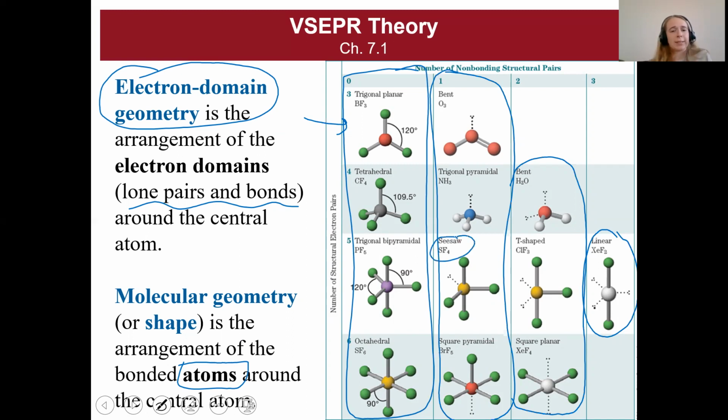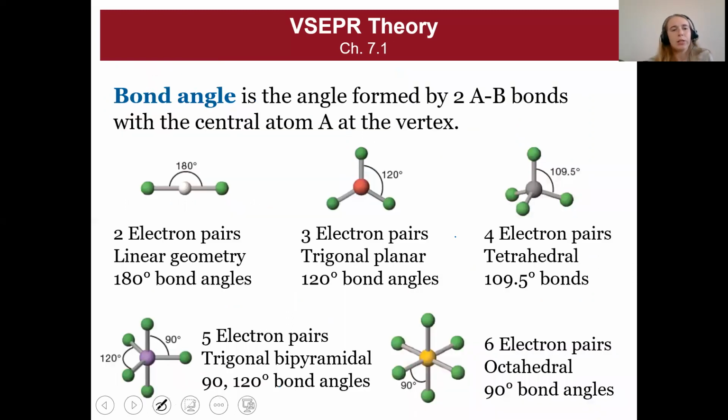So let's keep going. Alrighty, so the bond angle, I already mentioned a few different angles when I was showing you the balloons, but the bond angle is the angle formed by 2 AB bonds with the central atom A at the vertex. So if you think of this red atom here as A, and these green atoms as B, this is the AB bond, this is the other AB bond, and it's the angle between those 2 bonds.